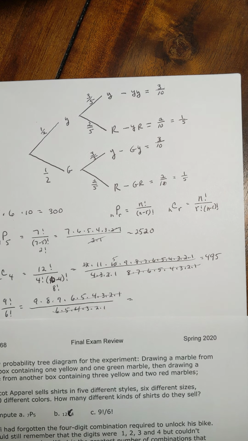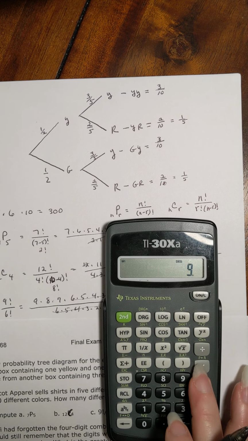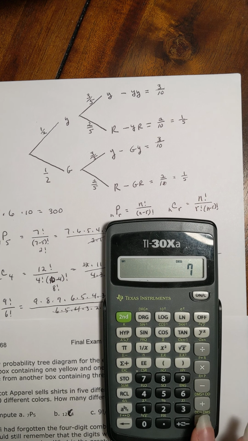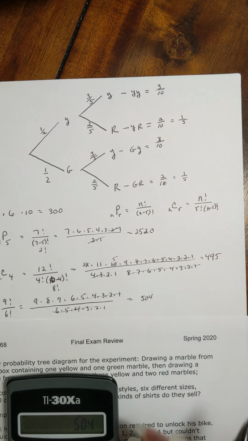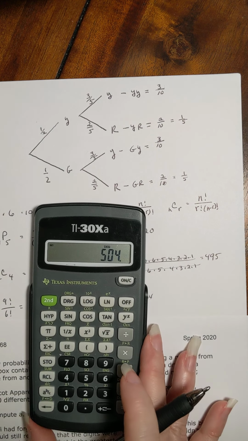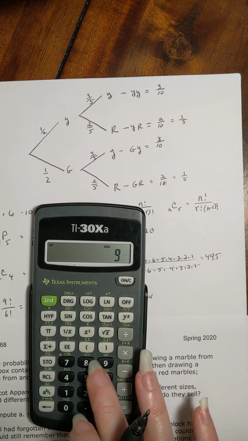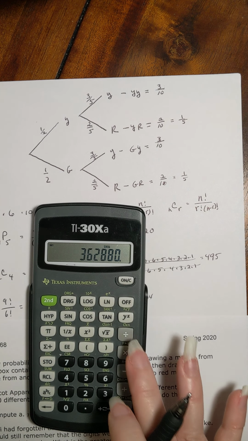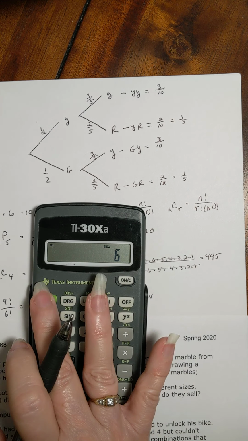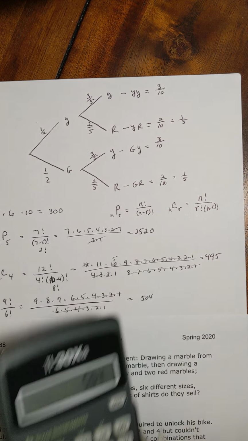These cancel with these, and I have 9 times 8 times 7 equals 504. And then you can check yourself using the factorial button. Mine is right here. So it would be 9 factorial divided by 6 factorial equals 504. All right?